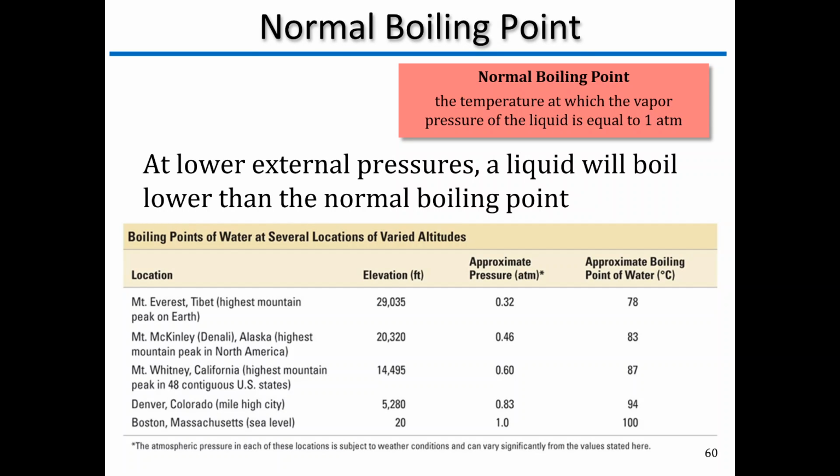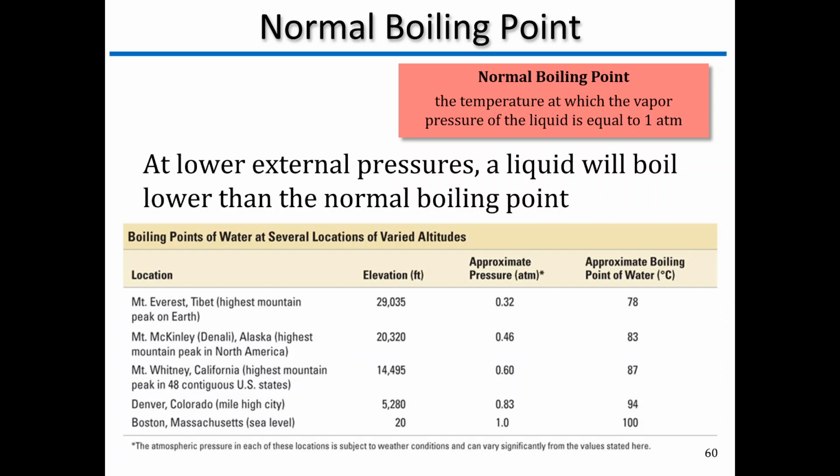Here we can take a look at the normal boiling point. The normal boiling point is the temperature at which the vapor pressure of a liquid is equal to 1 atm. Anytime we say normal, we're talking about basically STP, so 1 atm. If we take a look at the elevation here, we look at the approximate pressure in atm and the approximate boiling point of water.